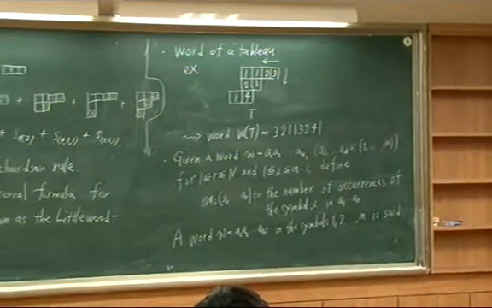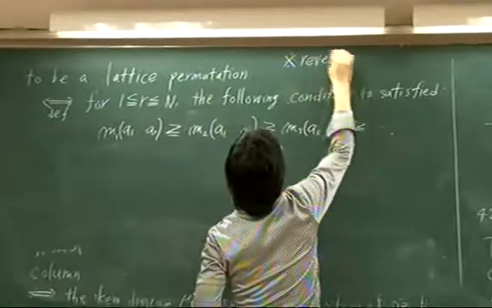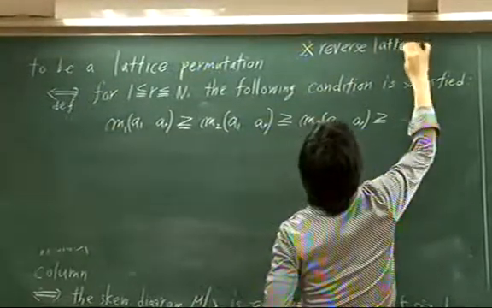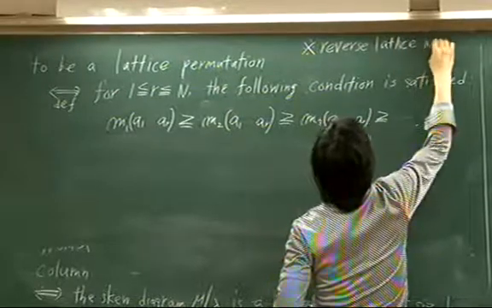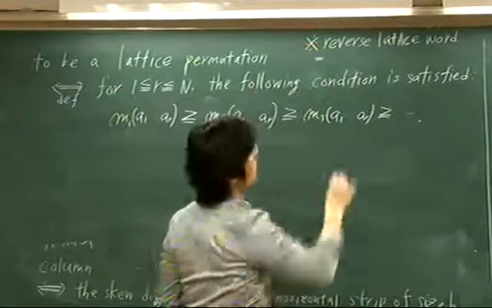Reverse lattice word or reverse lattice property is also sometimes referred to as a Yamanouchi word.